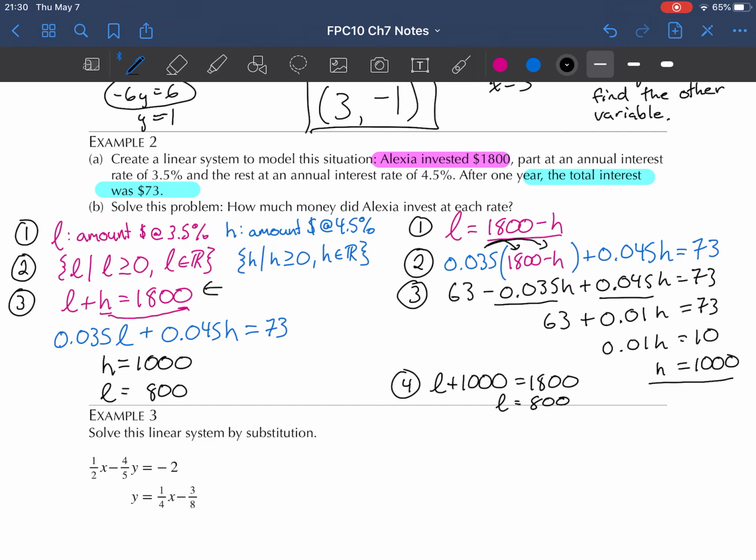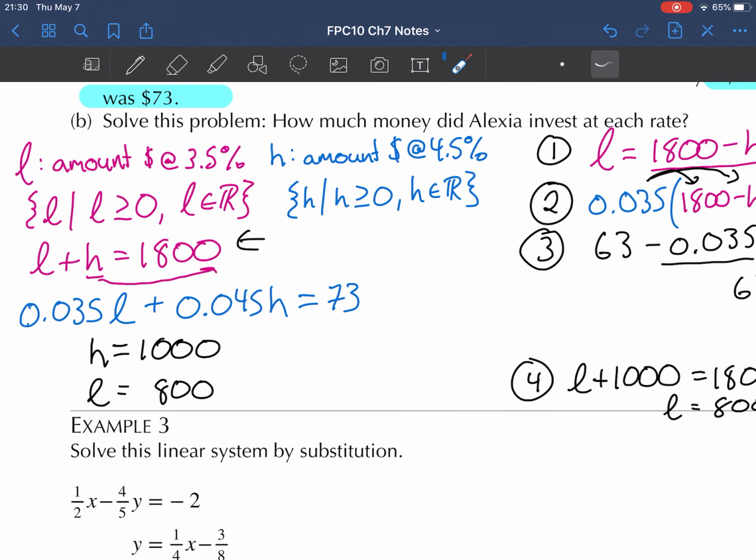Now, we can verify this. It's pretty easy to verify in our first equation: L plus H equals 1,800. 800 plus 1,000 equals 1,800. So let's verify it in our second equation just to check it. We verify 0.035 times 800 plus 0.045 times 1,000. Does that equal $73?